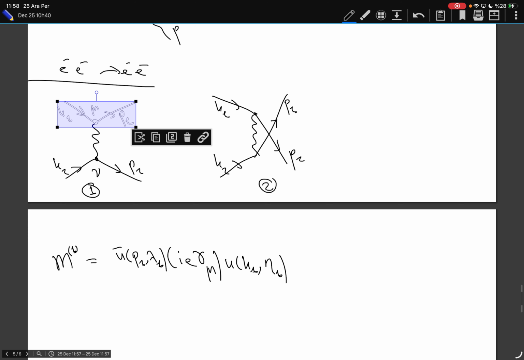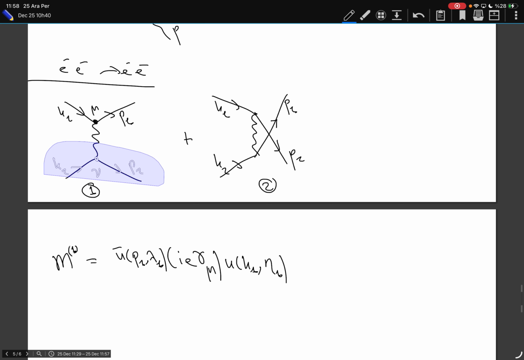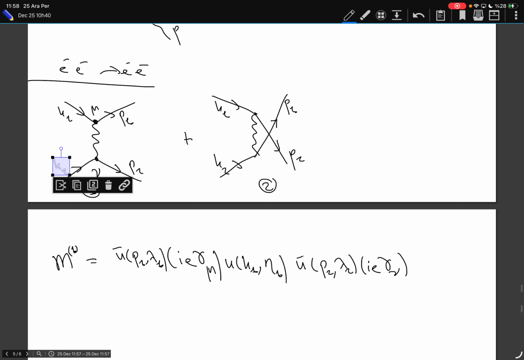I have the second fermion line, which will be, I should start from the end, so I have U bar P2 lambda 2, IE gamma nu, this is the vertex, and then an incoming electron, U K2 eta 2.